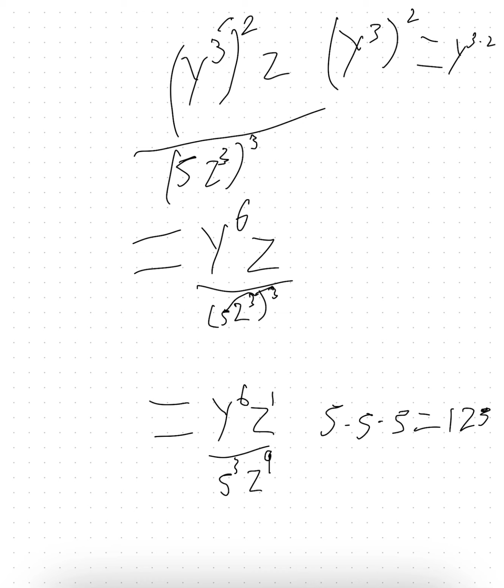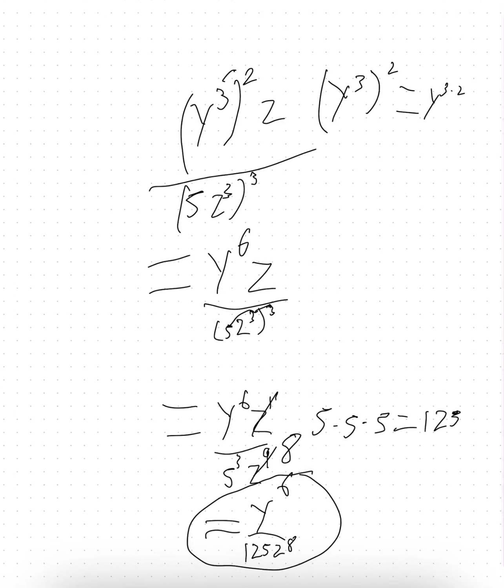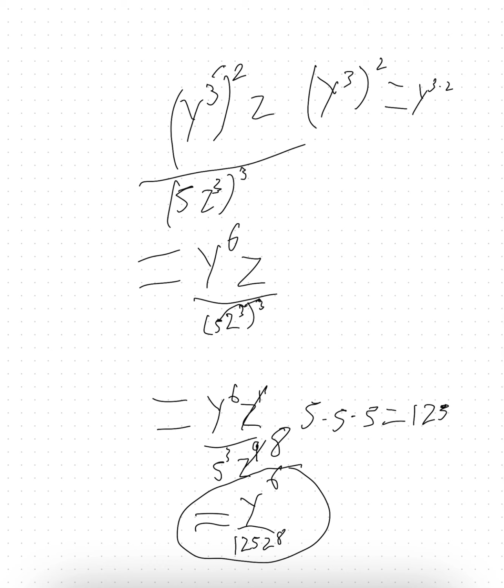So we have y to the 6 z over 125 z to the 9th. 9 minus 1, so let's get rid of the z. So we got rid of 1 z on the top and bottom. And this equals y to the 6 over 125 z to the 8th. Okay? So that would be the answer for that one.